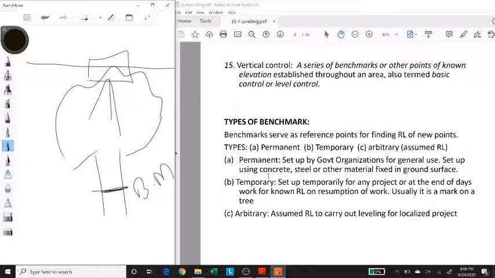So in that case, you can introduce your own datum, your own benchmark, and that arbitrary or assumed point will be called an arbitrary benchmark, whose reduced level can be of any value, 0, 100, any value. Because whatever you do after that, what matters is the difference in elevation of points from that reference. And all the points would have a difference from that same reference. So it doesn't matter what value you give to that benchmark that you have assumed.